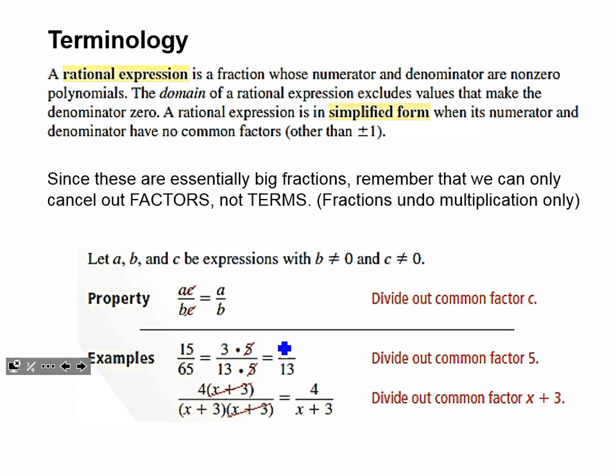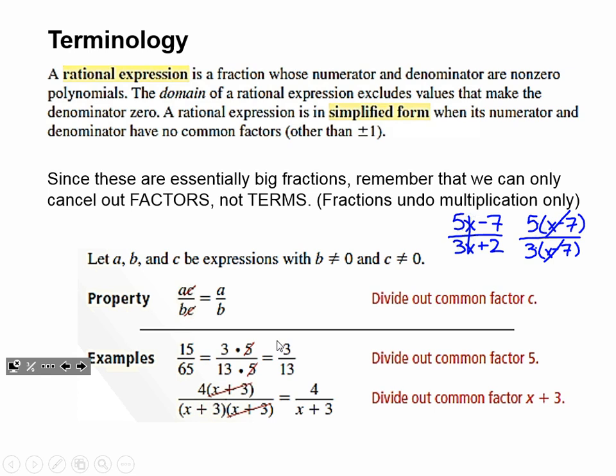So if we see something like 5x minus 7 over 3x plus 2, I cannot cancel the x's out of that. Those are parts of terms, not factors. Whereas if I had 5 times x minus 7 over 3 times x minus 7, now that those factors are multiplied into the numerator and denominator, the division can cancel out that multiplication.